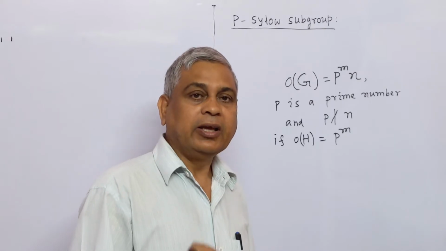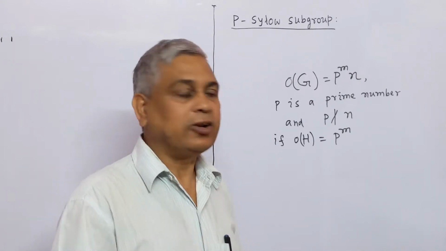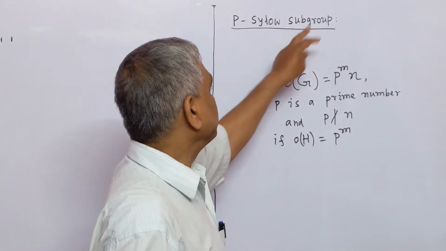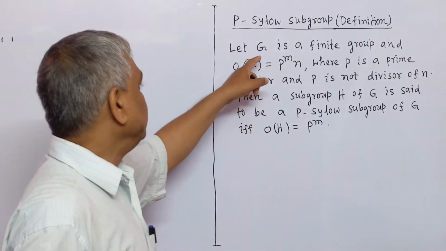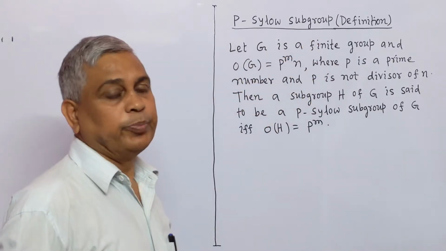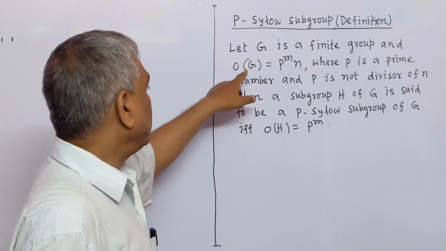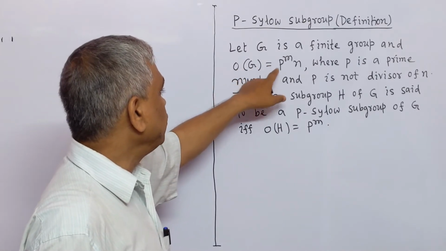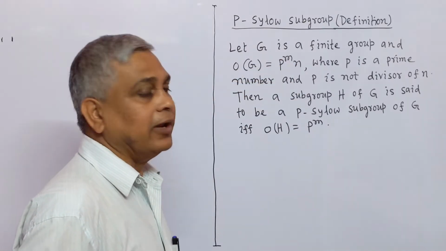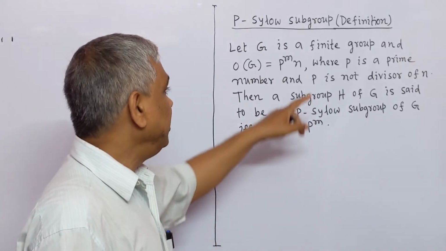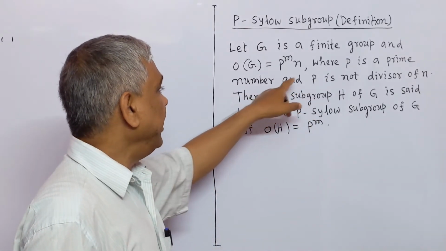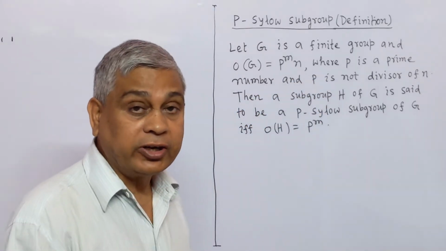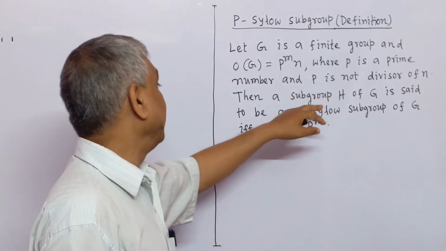Now we write the definition of P-Sylow Subgroup. Let G is a finite group and order of G equal to P to the power m multiply n, where P is a prime number and P is not a divisor of n.